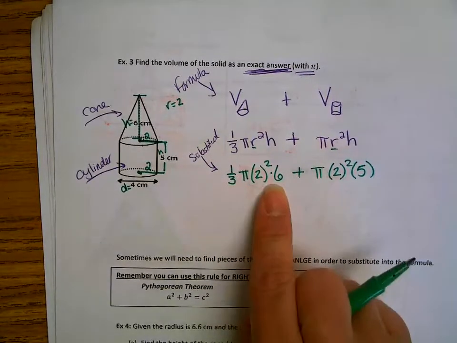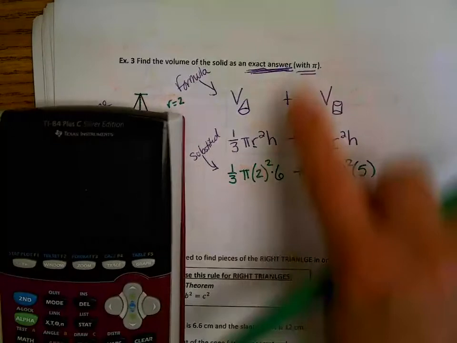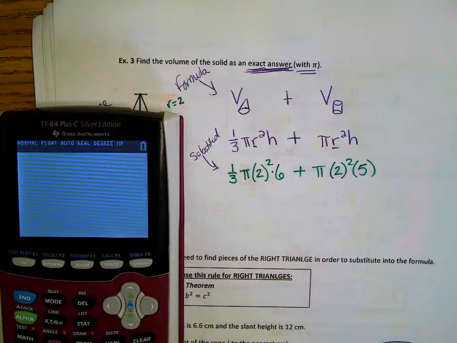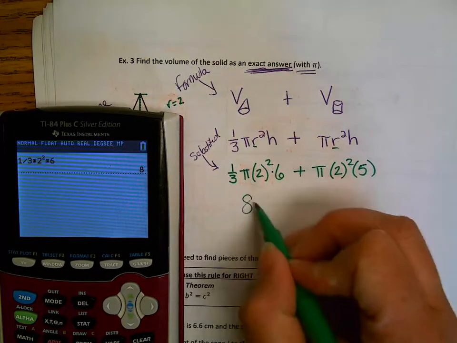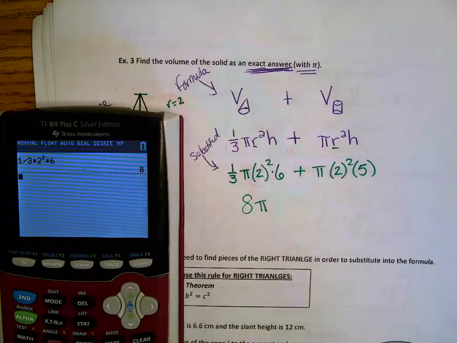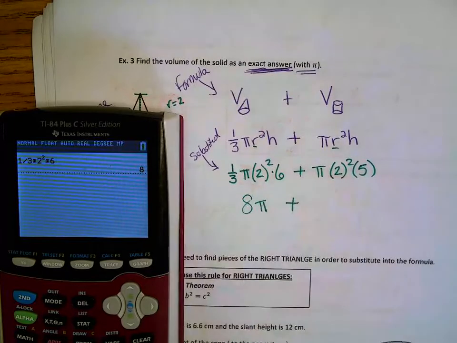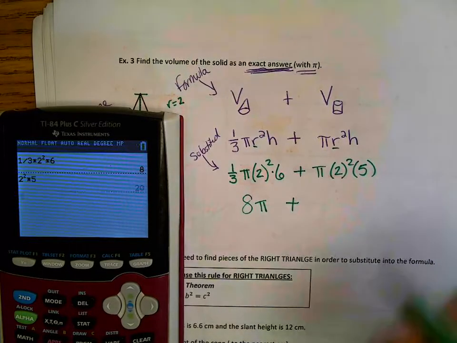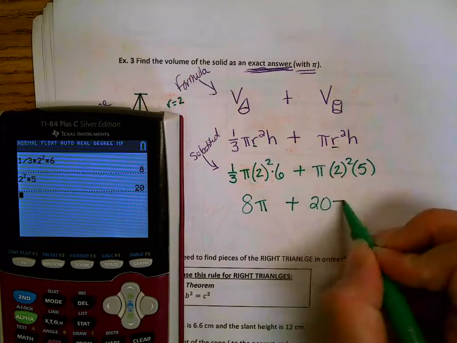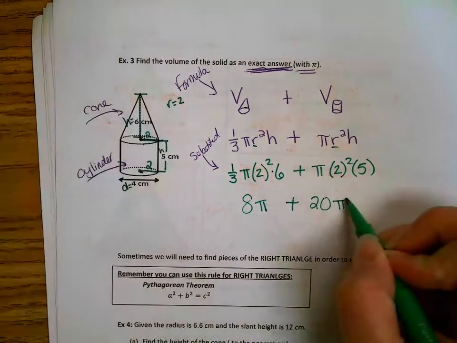So remember, when we're typing this in, we skip putting the pi symbol in when we're finding this in terms of pi. So we're going to have a third times 2 squared times 6. It's going to be 8 pi. Plus 2 squared times 5, we know it's 20 pi. Now, does that answer make sense?